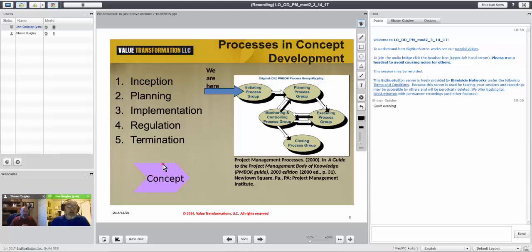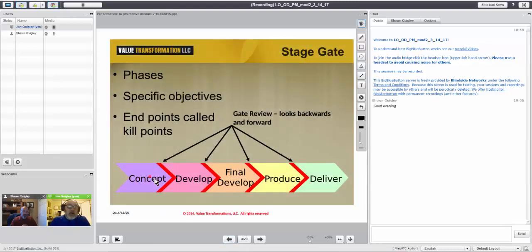For example, if the concept phase is to deliver a specific system definition that can be developed, and at the end of the concept phase we have not defined the system adequately to be able to develop it, then the concept phase will not allow you to go into the development phase. In other words, the attributes of the delivery of concept phase are the things that should be fed into develop phase. That would be one reason for not allowing the gate to pass.